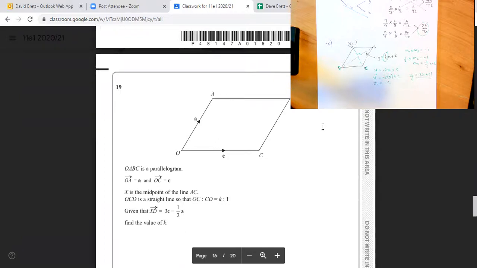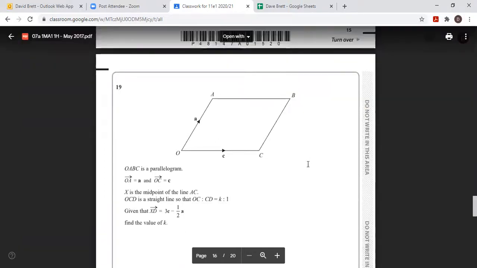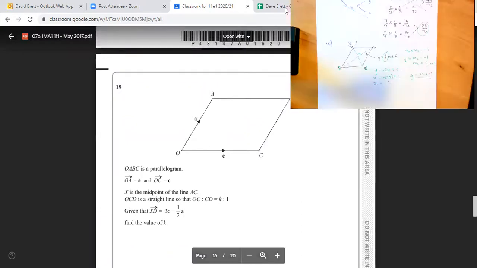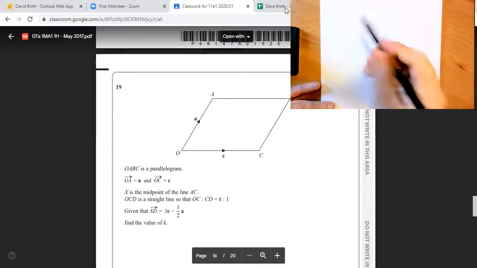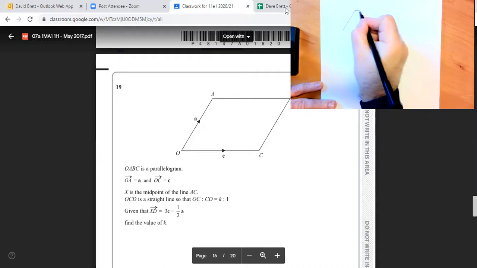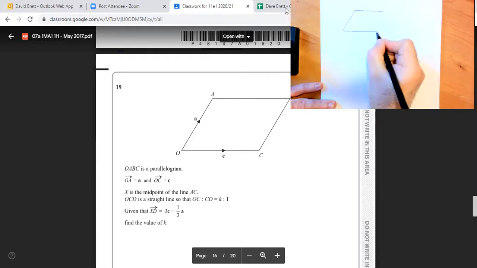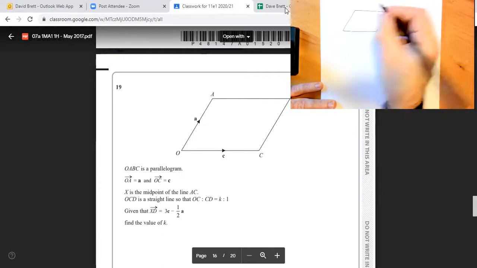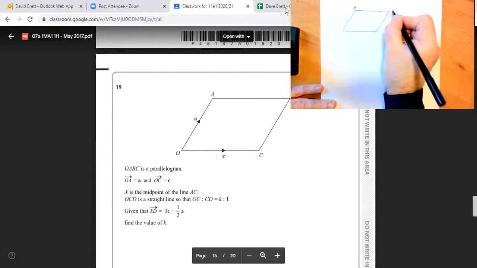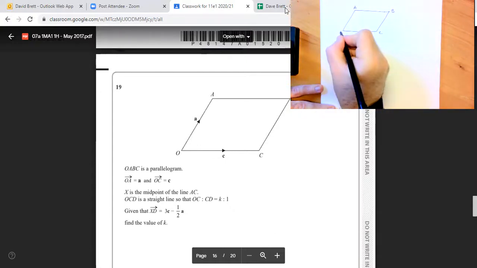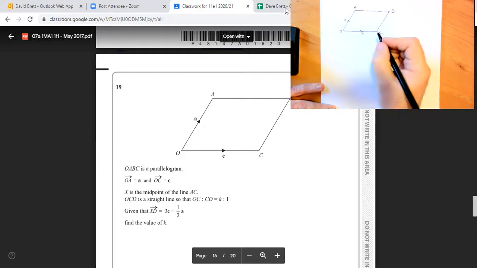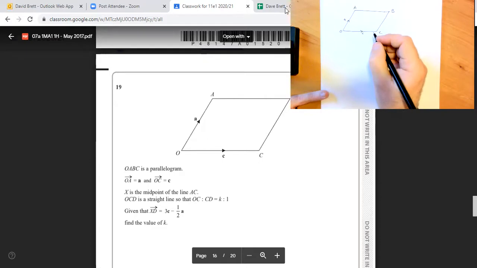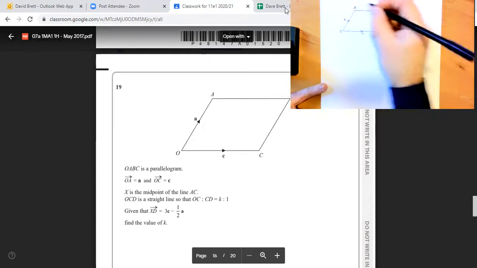Okay, let me just minimize it so I can see the diagram properly. Okay, got it. So our parallelogram A, B, C, O. So that's A and that's C. Okay, X is the midpoint of the line AC.